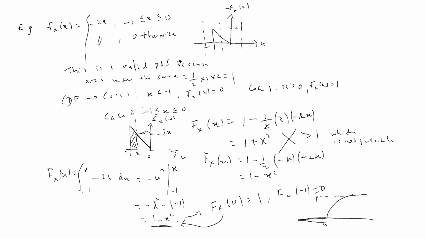So at -1, it has to be 0. When it's at 0, it has to be 1. It has to flow from one point to the other point. So if you look at the boundary, you can check whether your answer is correct or not.